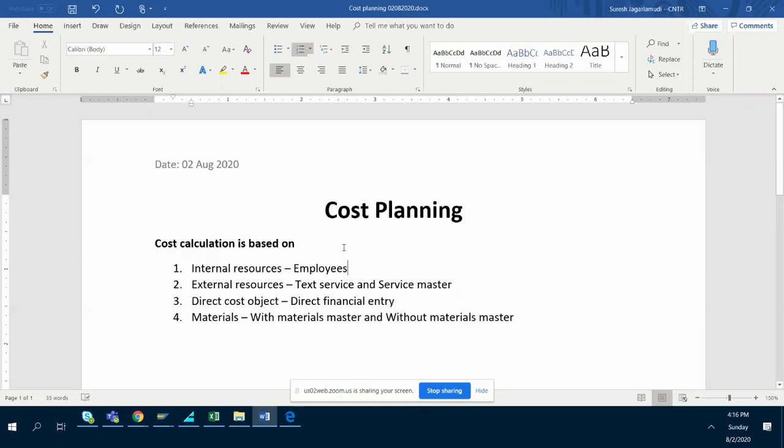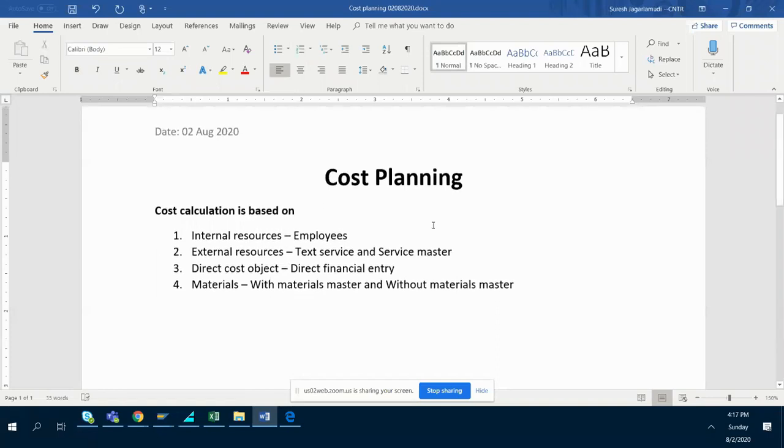But if I give one lump sum amount, like a round figure for the WBS, 200 rupees for the WBS element, but I don't give the split, like internal employee cost 50 rupees, external resource cost 30 rupees, direct cost another 50 rupees, and material cost 70 rupees, I just say the WBS cost is 200 rupees. That is quite possible. Okay, those methods we are not talking about. We are talking about detailed cost estimate. We'll see what the cost methods are. But fundamentally, the cost calculations are based on these factors.